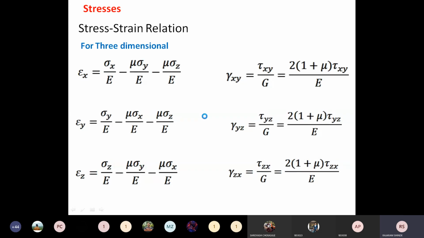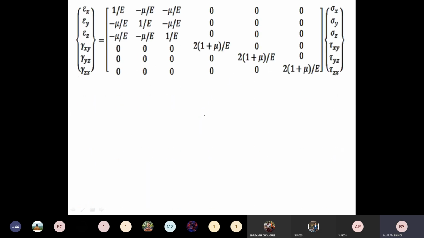How can I write it? I will show you. You see this one. Epsilon x is equal to sigma x by E, minus mu sigma y by E, minus mu sigma z by E. This is your first equation, and the remaining terms are 0.